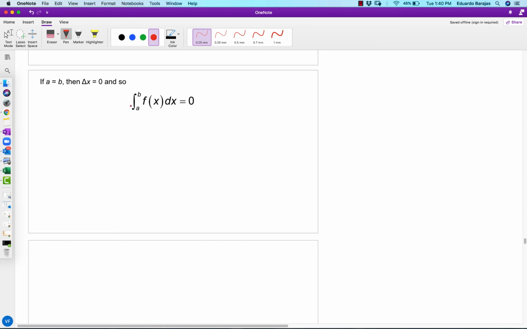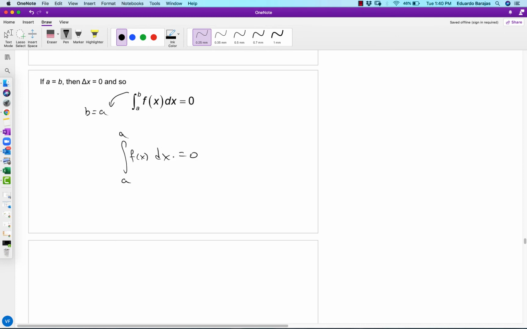So the integral from a to b of f of x dx equals 0 in the case where a equals b. Maybe it would look better if we point out that this is the integral from a to a of f of x dx equals 0, because b equals a, or a equals b.